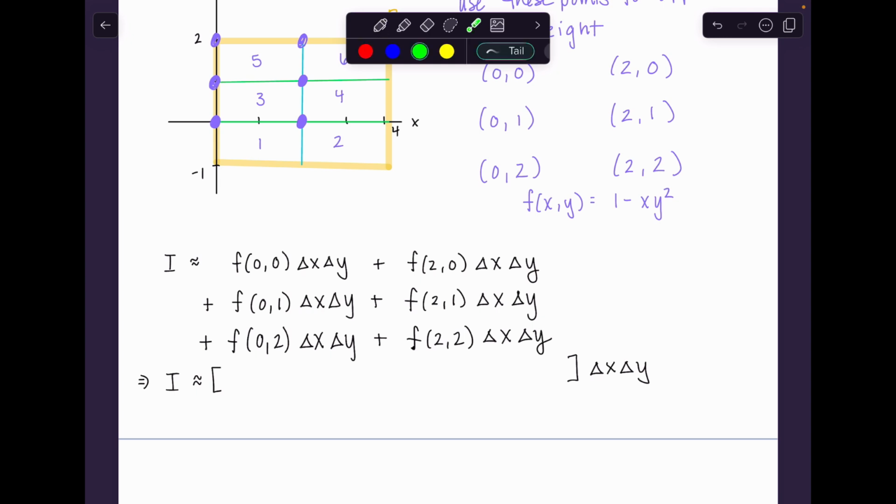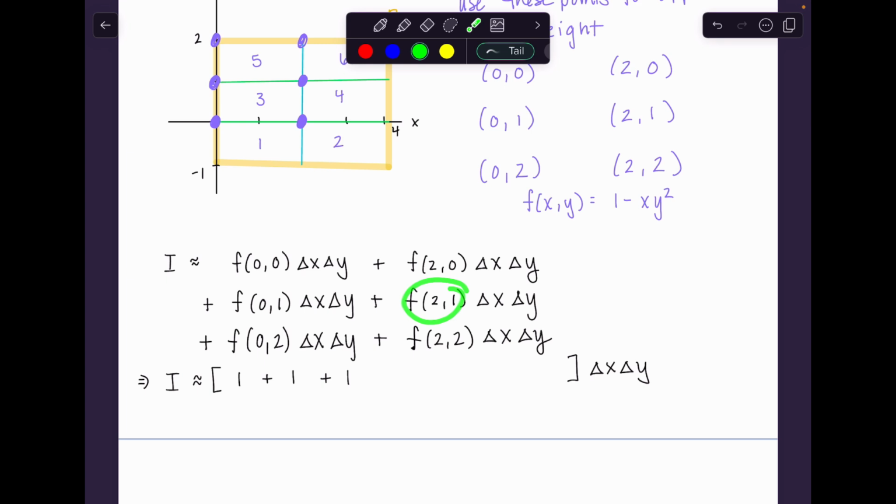If you plug 0, 0 into here, that's just 1 minus 0. So the first value is 1. If I plug 2, 0 in, that's also nice because the product is 0. So it'll be 1 minus 0. That z value is 1. If you plug in 0, 1, same thing because x is 0. We're going to get the z value as 1.